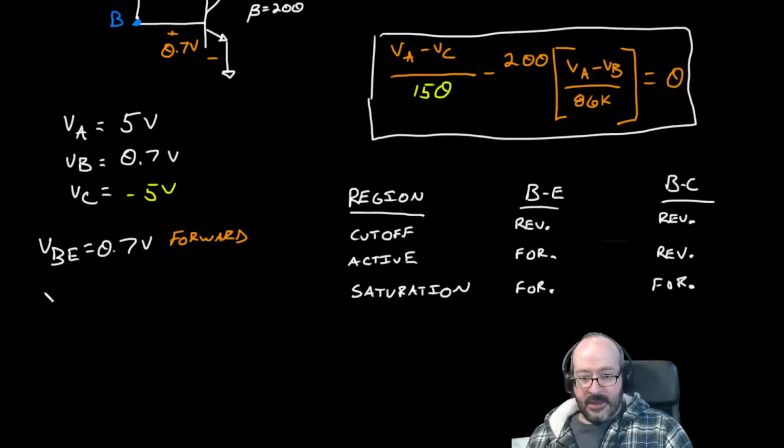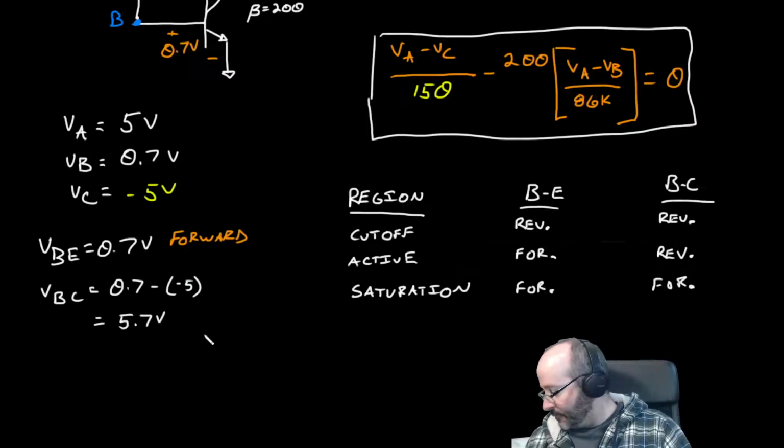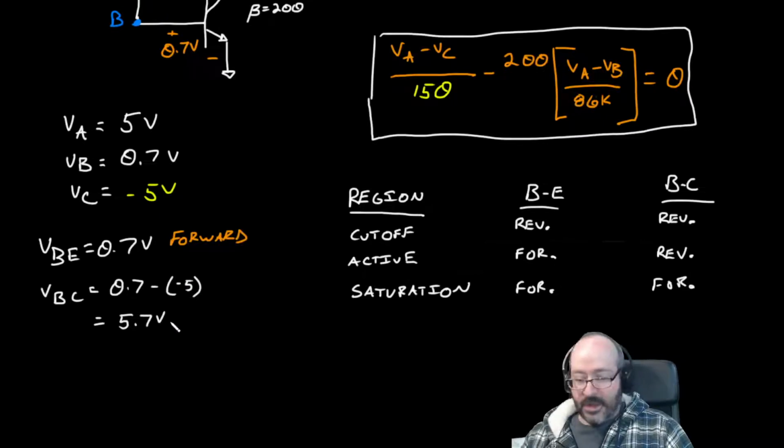And VBC, let's see, is now 0.7 minus negative 5, which is equal to 5.7 volts. And we can also call that one forward. So these aren't the cases that are ambiguous yet.